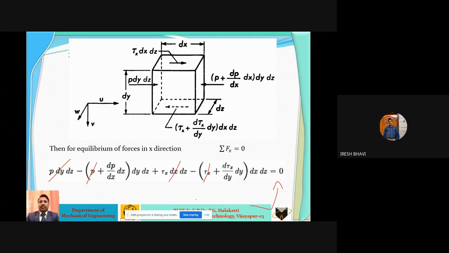You will get dP by dx is equal to minus of d tau x by dy. Okay, let us call this equation 1.